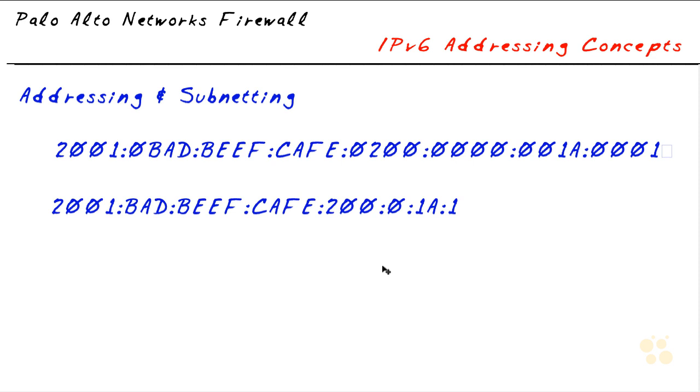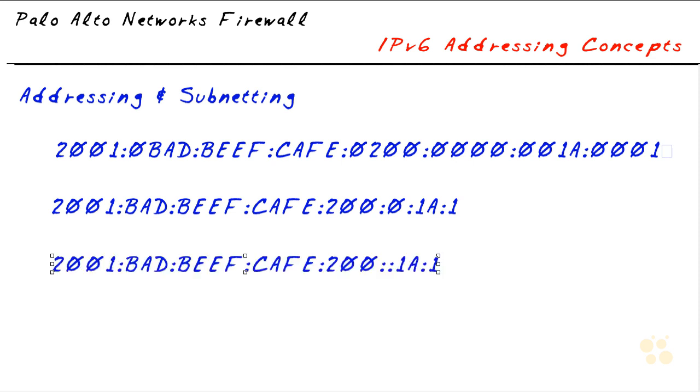Now, we can do one more thing, and that's any big chunk of zeros, so like this entire group right here, we can actually concatenate further with a double colon. Now, this isn't really a great example because there's only one set of zeros, but the bottom line is wherever we see the double colon in here, we know that anything that's missing is going to be a 0.